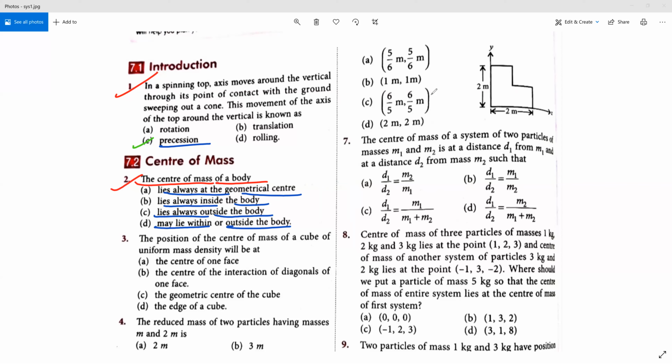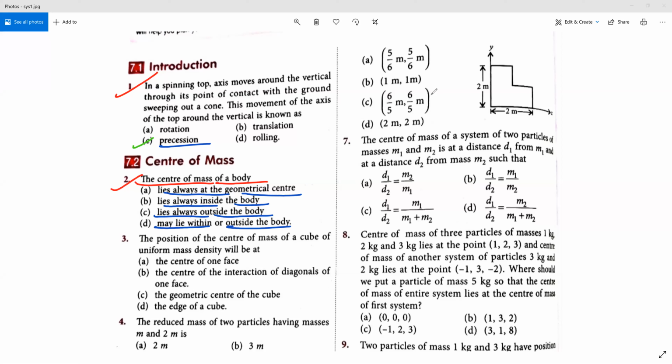So first read the question, observe all the four options, and try to analyze the right option related to the question. The center of mass of a body, where does it lie? Which is the correct option we have to choose for this? Here, the first option they have given is that the center of mass lies at the geometric center.